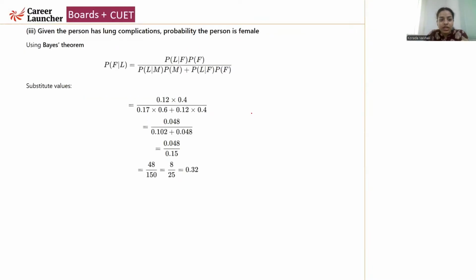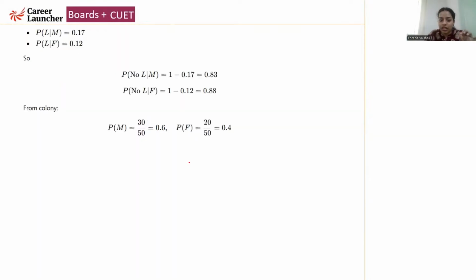Now coming to the next question, given that the person has lung complications and the probability that the person is female. So इसमें हम probability of female निकालेंगे given that the woman is having lung complications. तो यहाँ पे हमने पूरा value calculate किया है and it should be equal to 0.32. You can also leave your answer in fractions, that is okay. But in decimals, it is going to be 0.32.